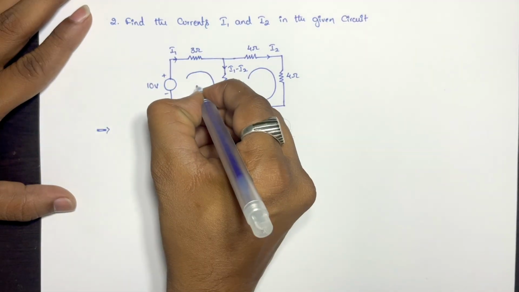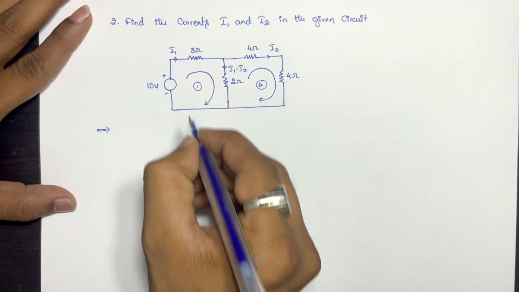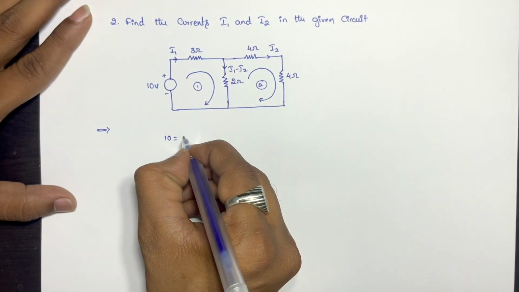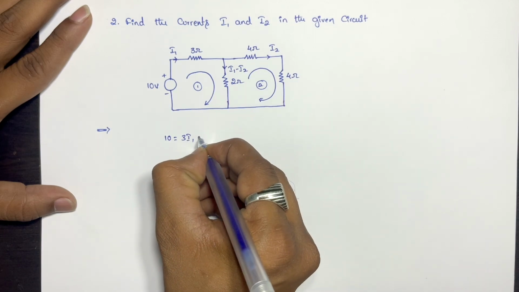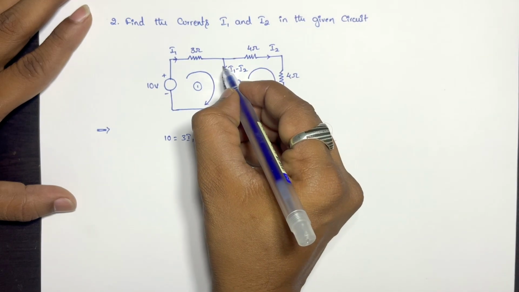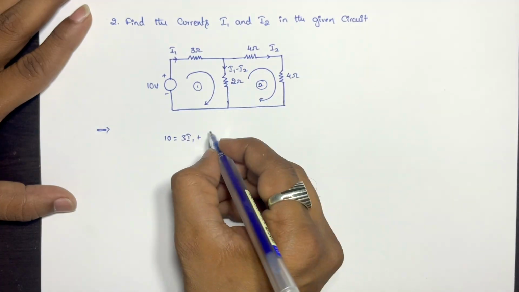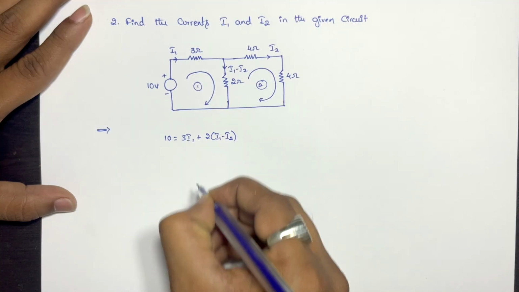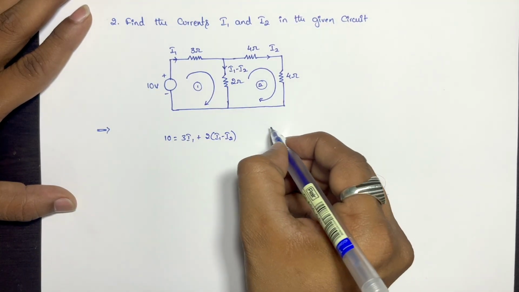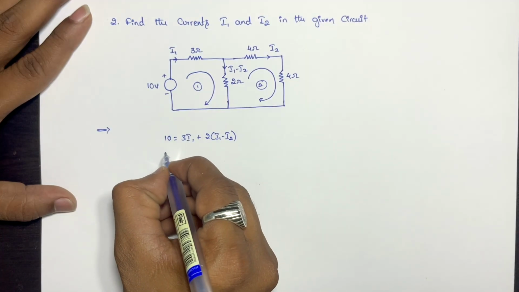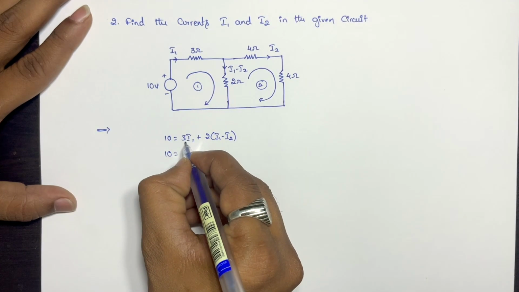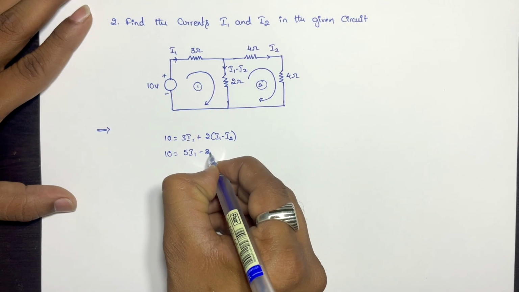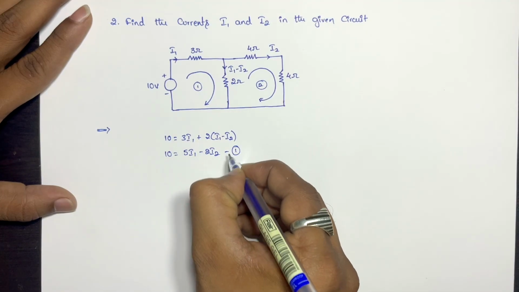For loop 1, if you apply KVL, 10 is equal to the current I1 flowing, 3 times I1 plus, the direction of current is in the direction of the loop, so I1 minus I2 into 2 ohms, that's 2 into I1 minus I2. If we solve this, 10 is equal to 3I1 plus 2I1, that's 5I1 minus 2I2, marked as equation 1.